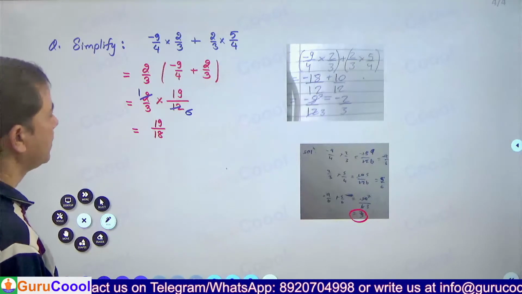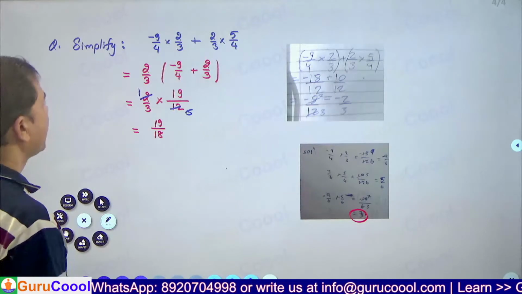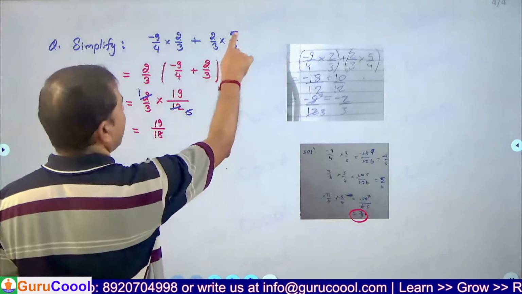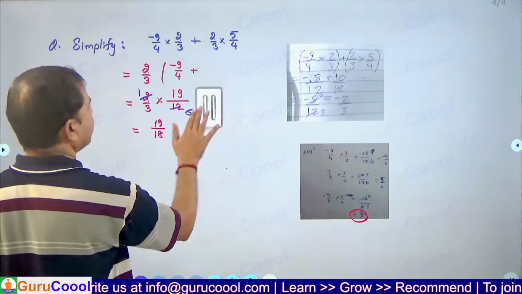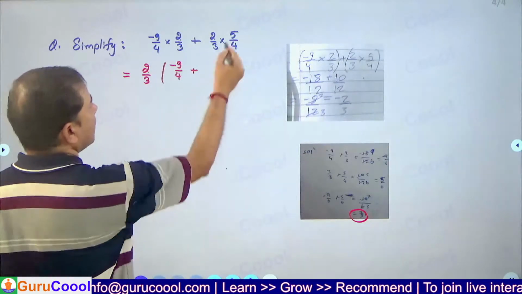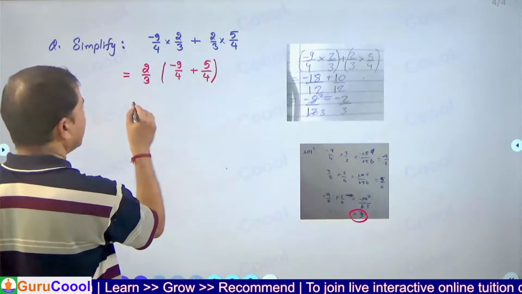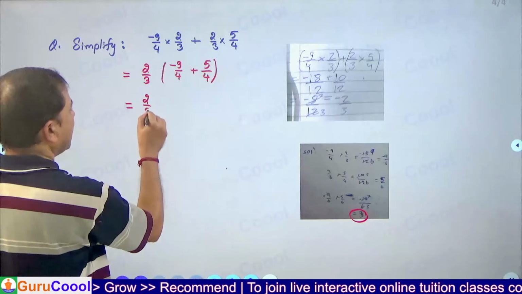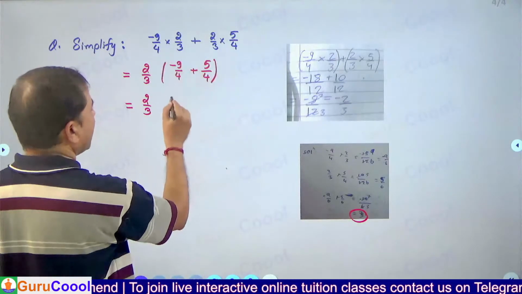No, wait. Something went wrong in this. Okay, sorry. It was 5/4. Take 2/3 out. And the denominators are same here. 5 minus 9 is minus 4.